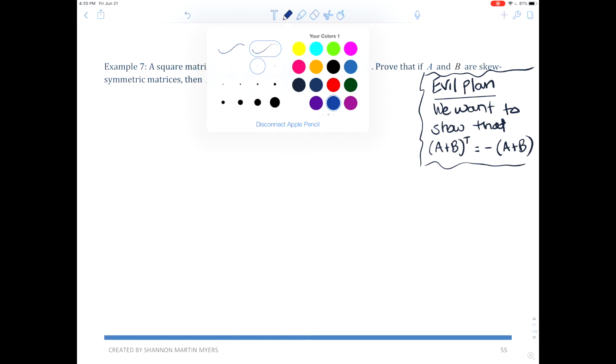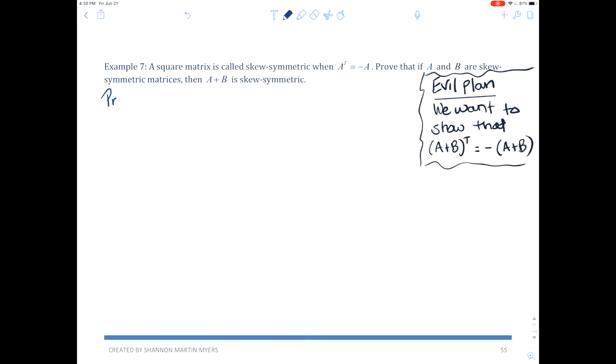So when we do our proof, in the premise here, we already know that our premise is that if A and B are skew symmetric matrices, that's the premise.